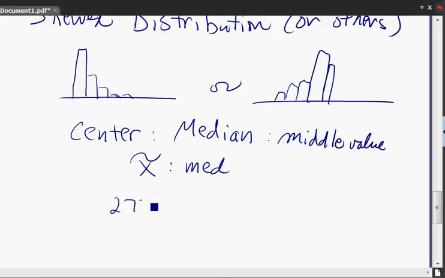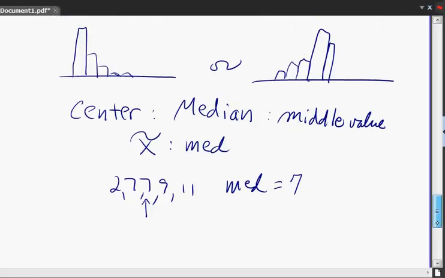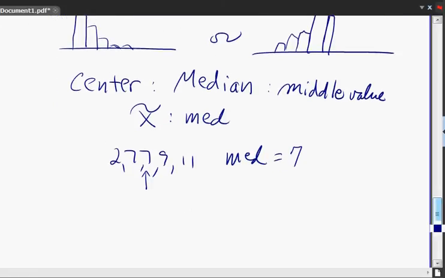So the 2, 7, 7, 9, 11 has a median of, I see the middle value, 7, and your calculator says the middle value is 7. All right, so that's one of your measures if you're analyzing a distribution that's not symmetric.